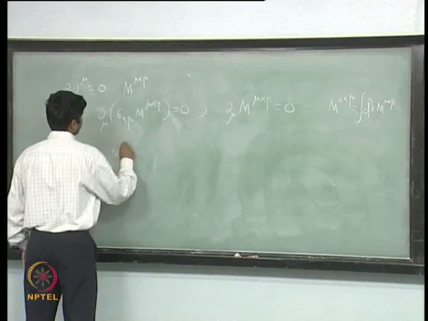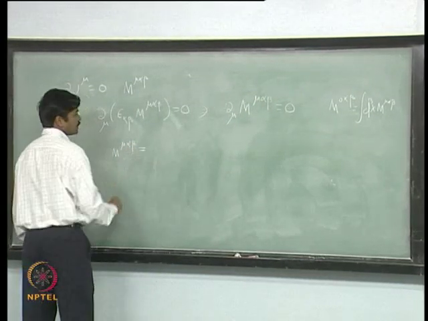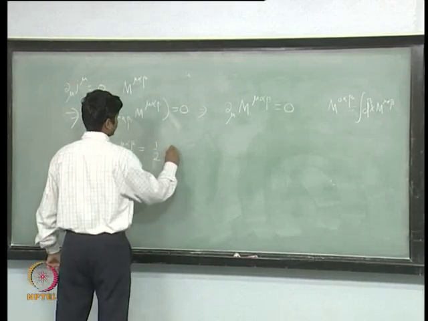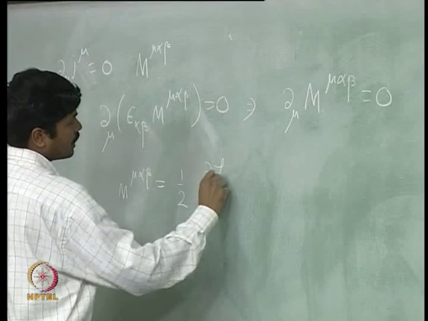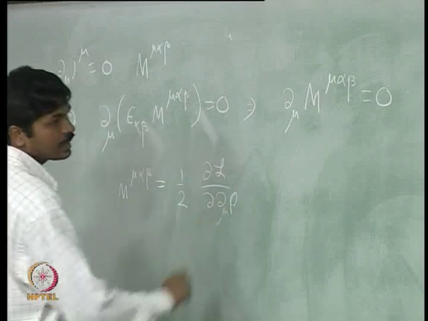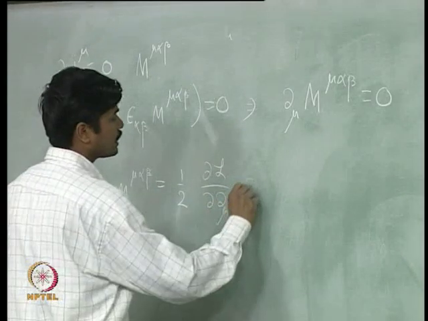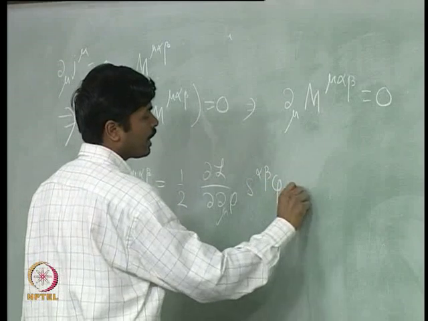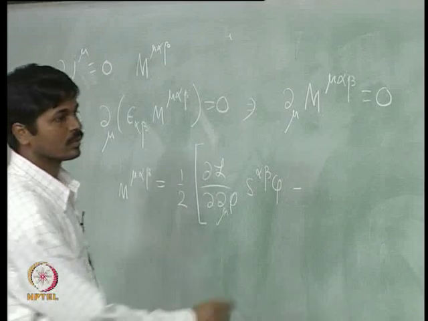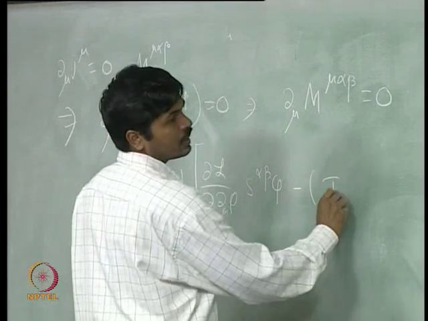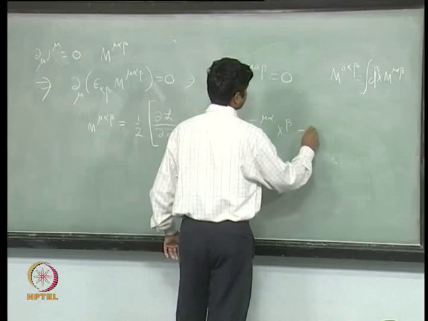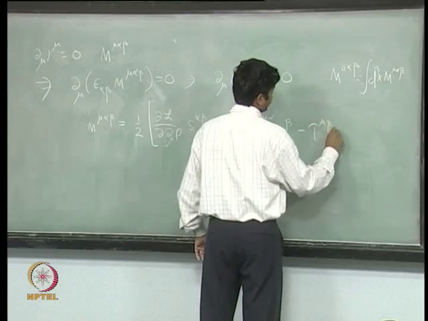M mu alpha beta is given by half del L over del mu phi S alpha beta phi minus T mu alpha x beta minus T mu beta x alpha.